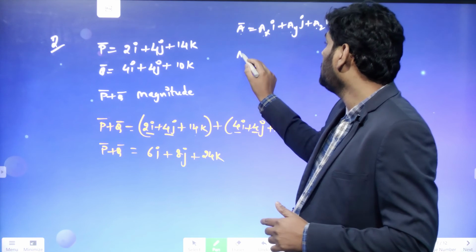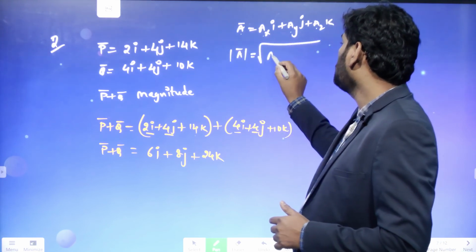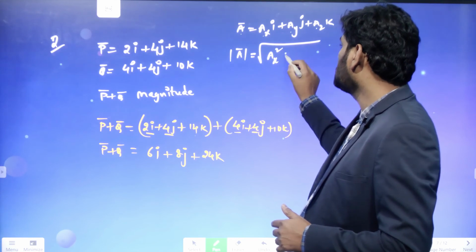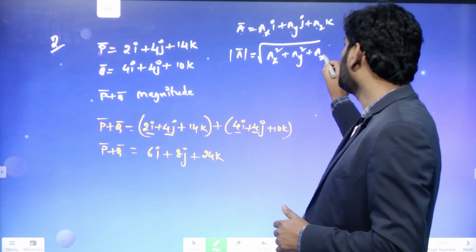If they are given in terms of components, the magnitude is under root of ax square plus ay square plus az square.